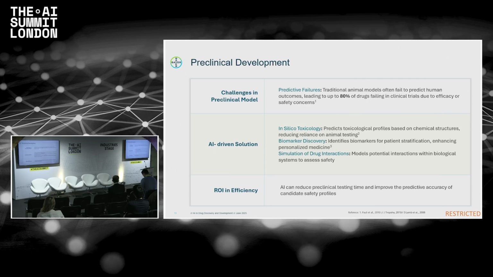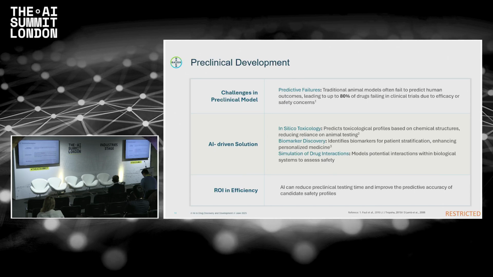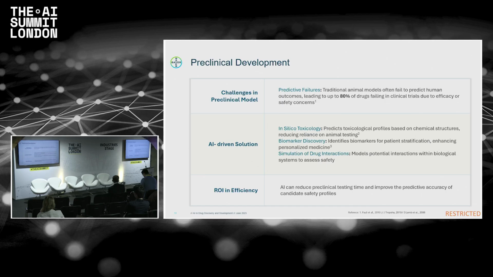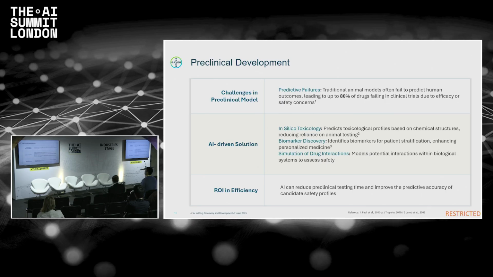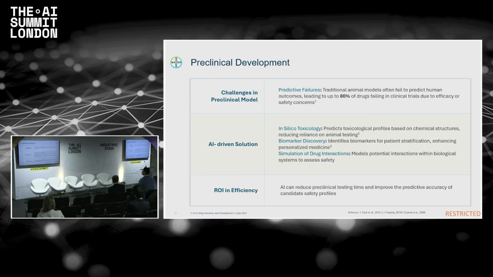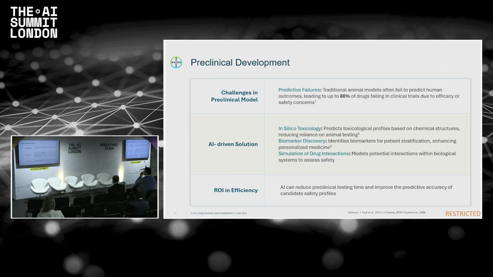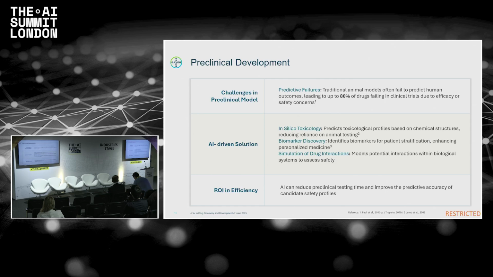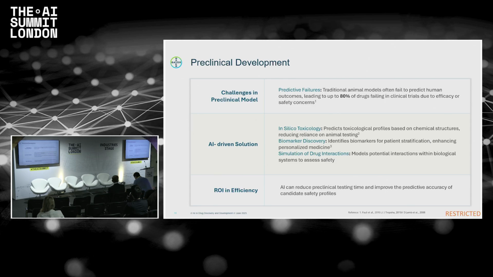So preclinical development is one of the pivotal stages for us to take a go, no go decision, and to acquire good quality data. 80% of drugs fail either because of efficacy, meaning that it's not doing what it was meant to do.